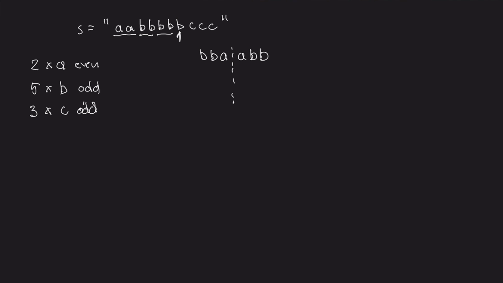And we are left with a single B, which we cannot put either at the beginning or at the end, because it would make our string not a palindrome. So let's for now skip over that letter B and continue with C. We can pick a pair of letters C, and put C here and C here. And we are again left with a single letter C.